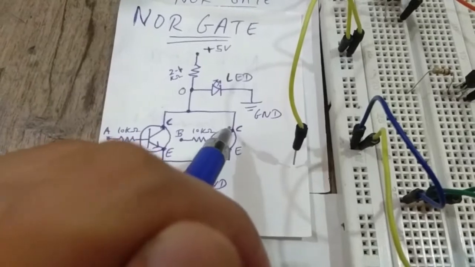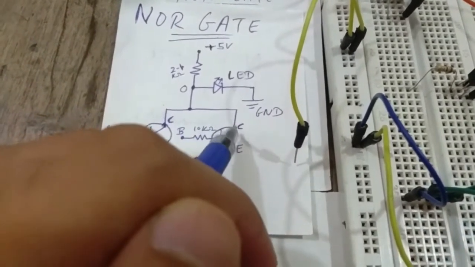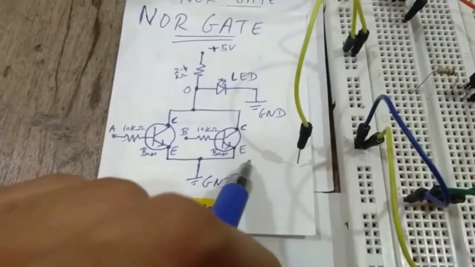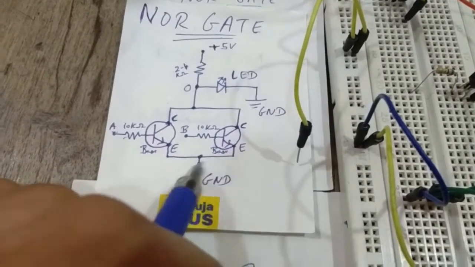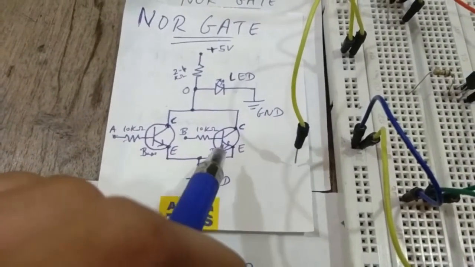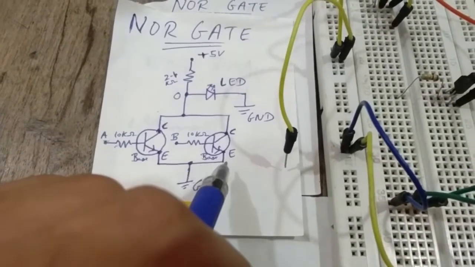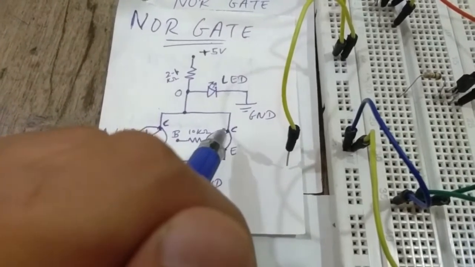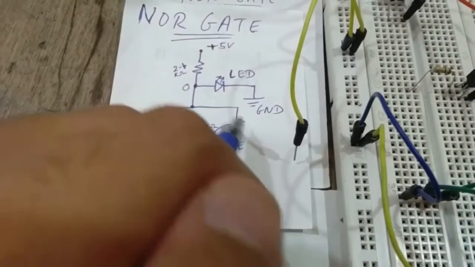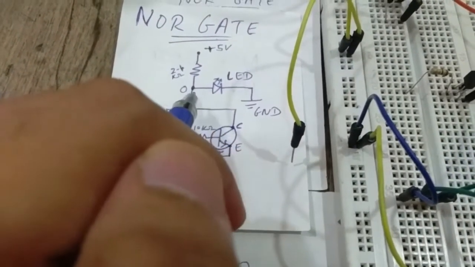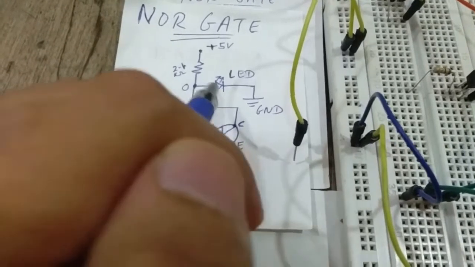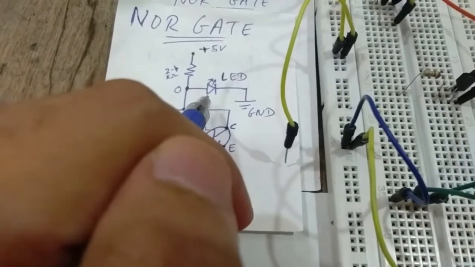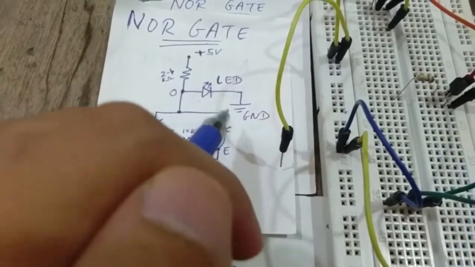Whatever input we have on this collector, it reaches the emitter terminal. But this emitter is directly connected to the ground, meaning 0 voltage, so this makes the emitter 0 volts. Again, there is a straight line connection between this collector and emitter, so even this collector is 0 now, and this collector is connected to the output pin which goes to this LED. So this whole thing is also 0 volts, and this LED receives 0 input, and hence this LED is off.